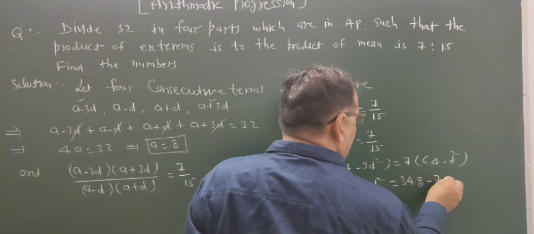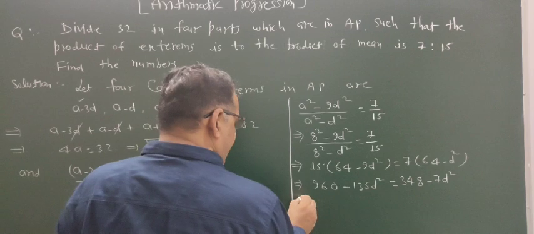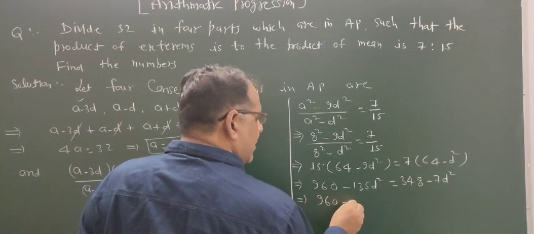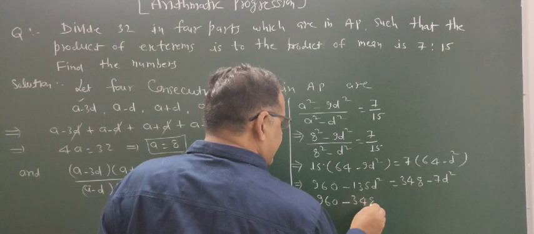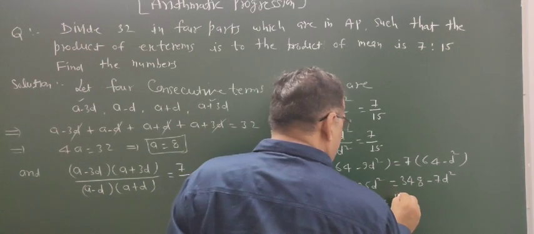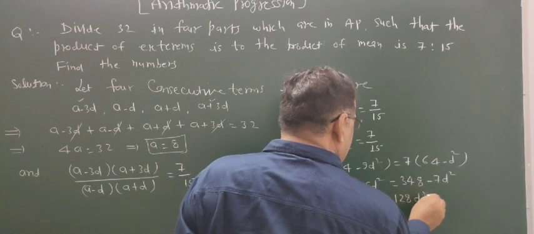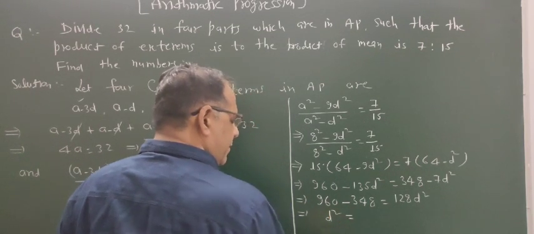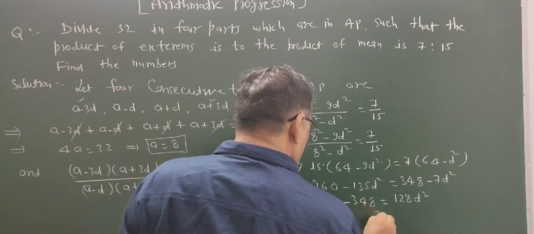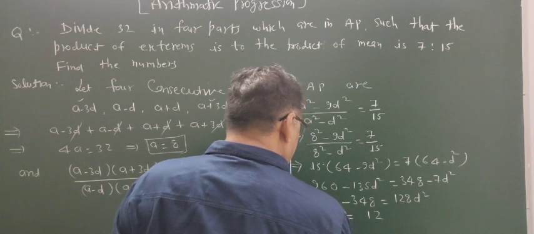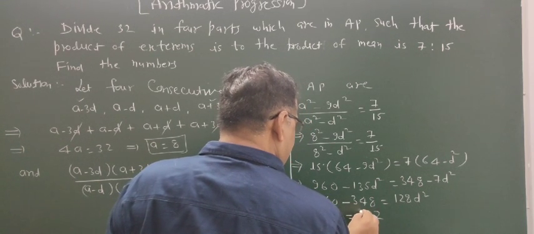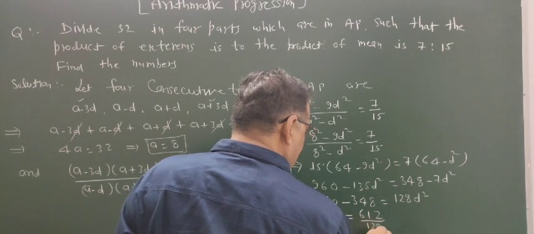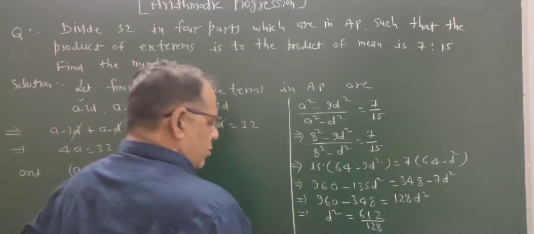So we have 960 minus 135d square equal to 448 minus 7d square. Adjusting the terms, we have 960 minus 448 equal to 128d square. That means d square equals 512 upon 128.